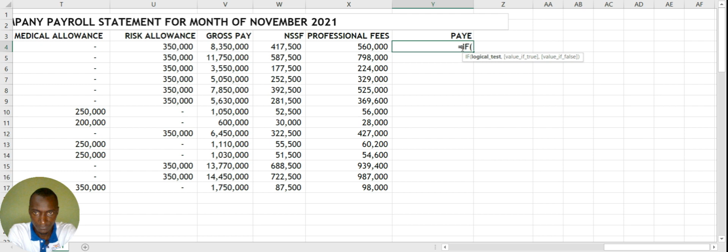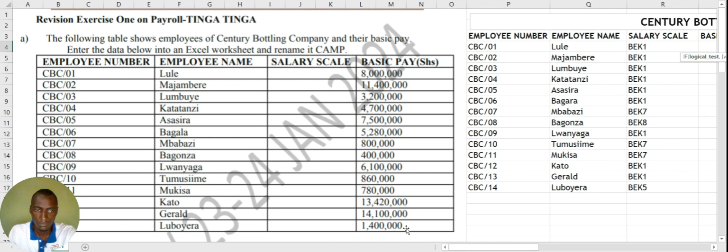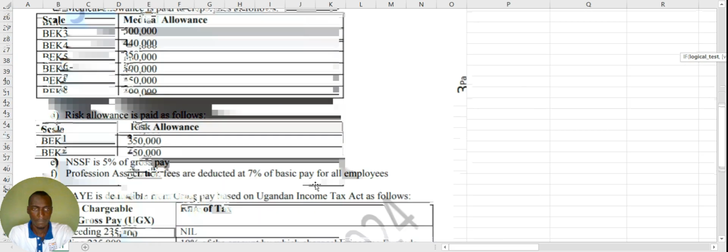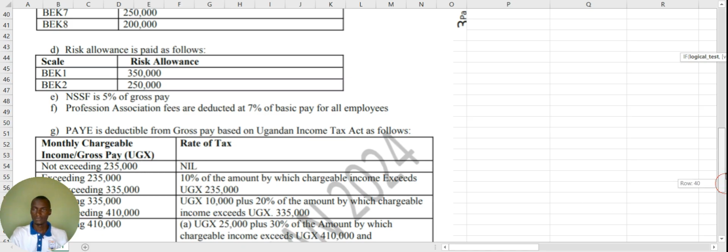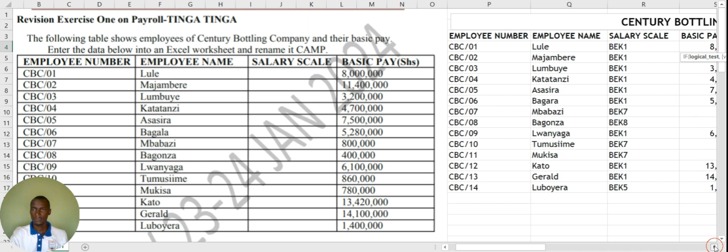If our gross pay is not exceeding 235,000, that is less than or equal to 235,000, the tax rate is nil. That is a zero rate.